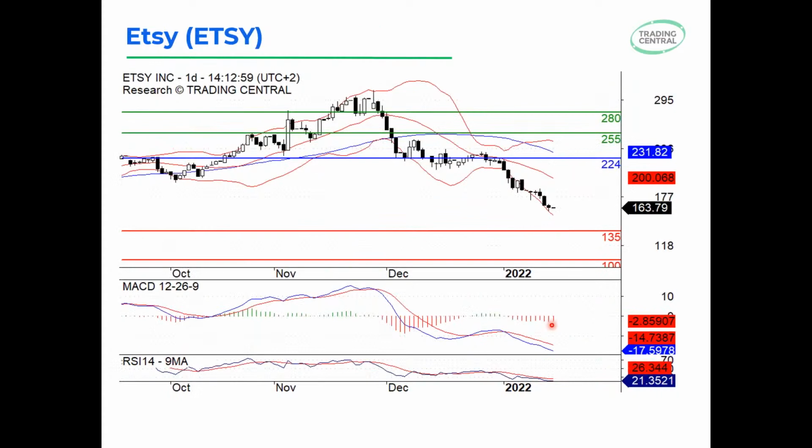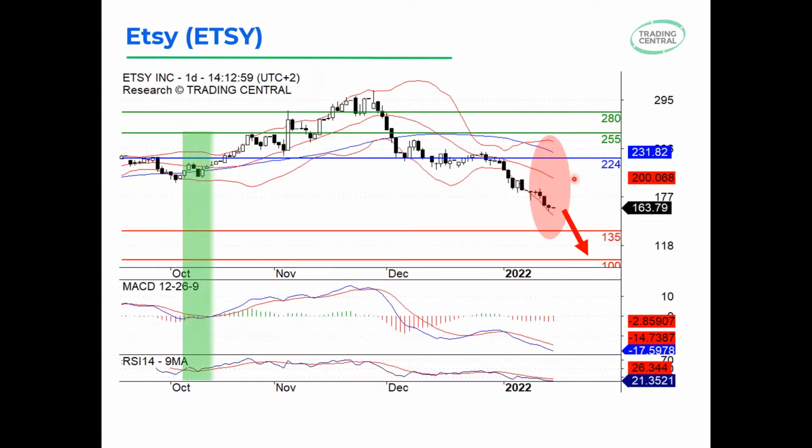How about HC? This is a very interesting stock, a platform selling art and craft. At the moment, we could not be bullish on this one. Can you tell me why? The 20-day and 50-day moving averages are not very well oriented.